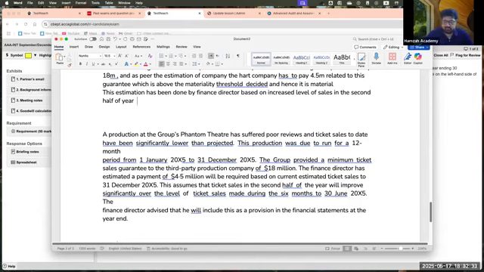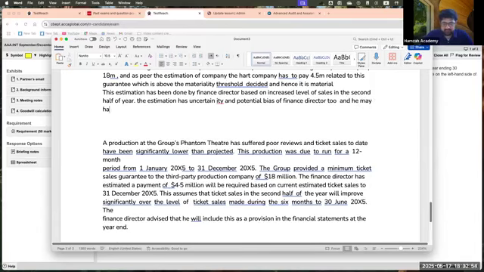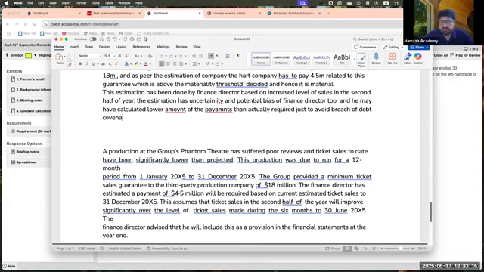Now, the estimation has uncertainty and potential bias of the finance director too. He may have calculated a lower amount of payment than actually required, just to avoid breach of the debt covenant attached to the operating profits.